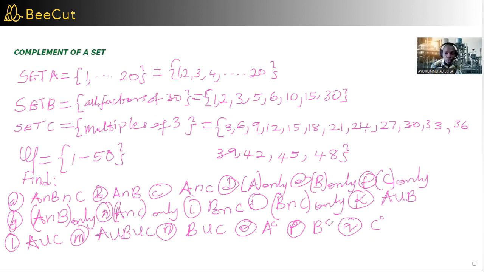Now you can say find B complement, find C complement, and find A union B complement. There are lots of questions that can come just under this. And the question is now, how do you go about all of this?